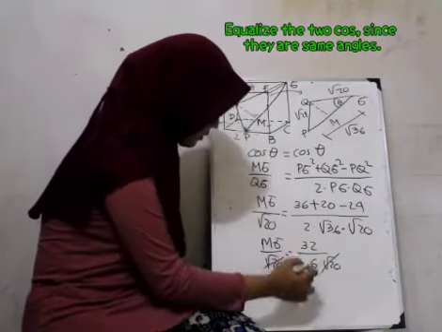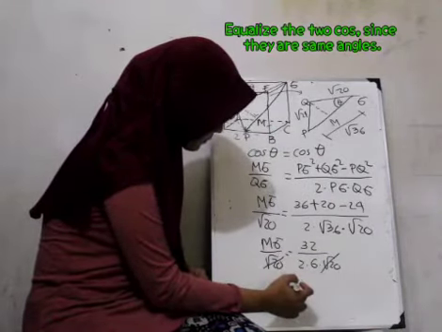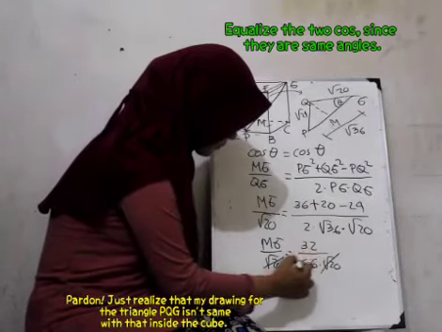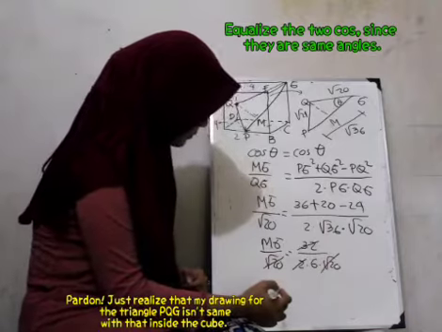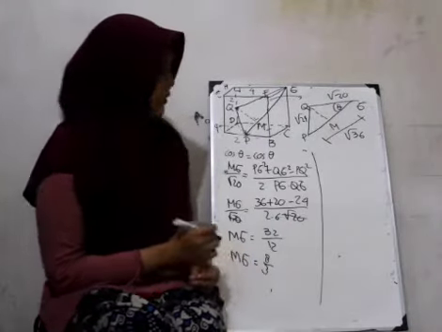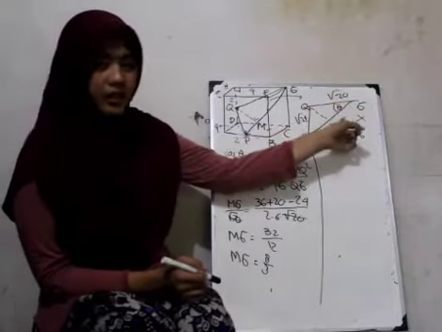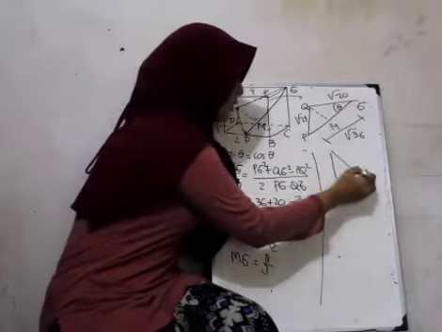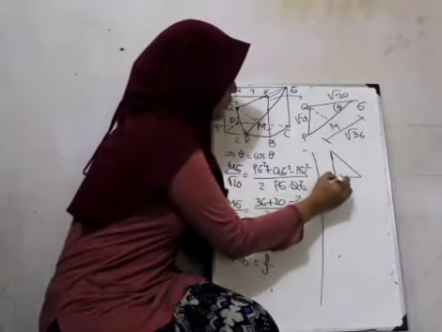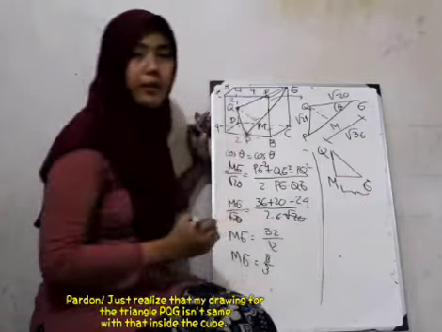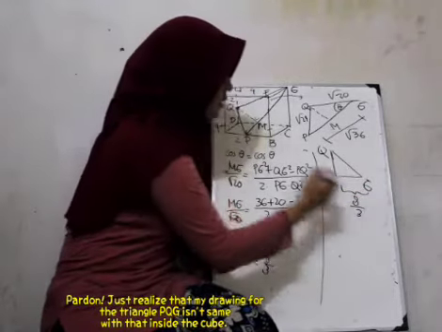Just simplify this. Everyone, simply got that MG equals 8 over 3. You see here, I just cut the right triangle there. So we have M, Q, this is G. Here the length of MG equals 8 over 3.